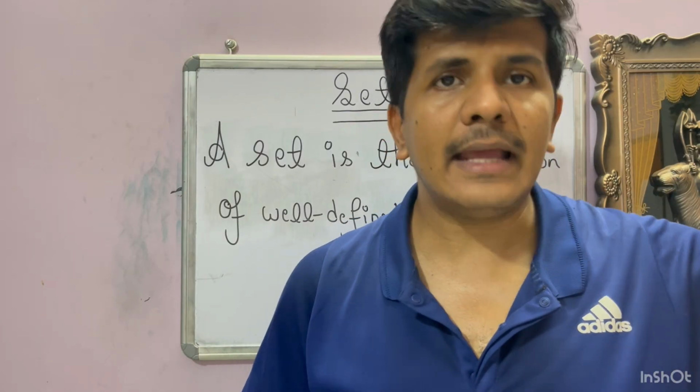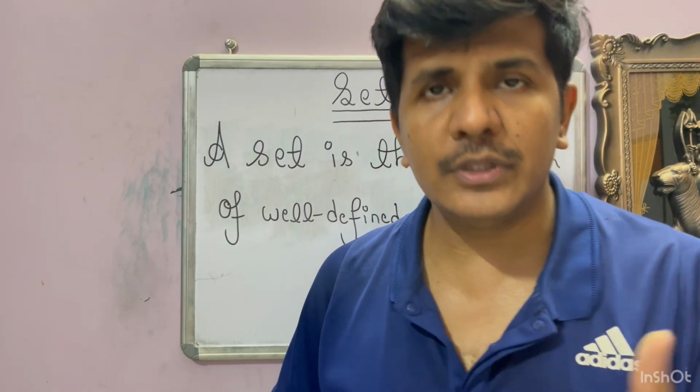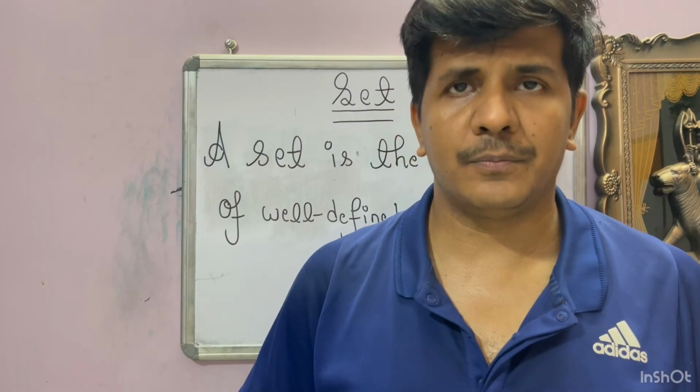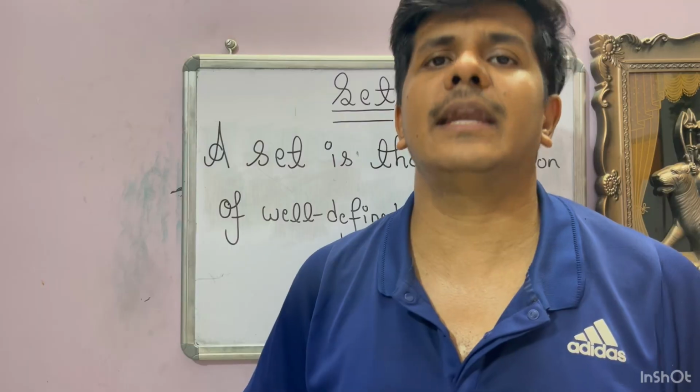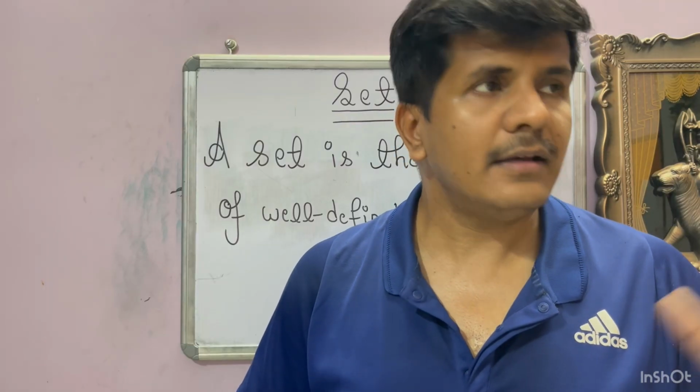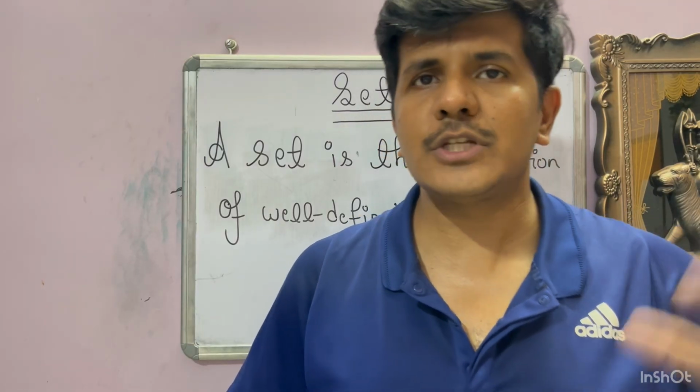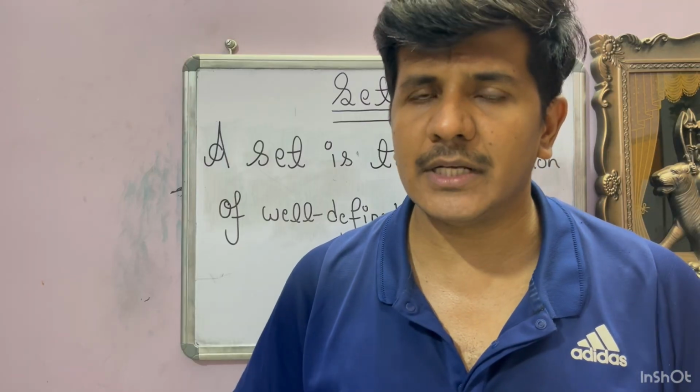So when guy A has been given a task to do the collection, what will he do? He will start doing the collection, and he'll collect all those students whose height is above 150 centimeter.